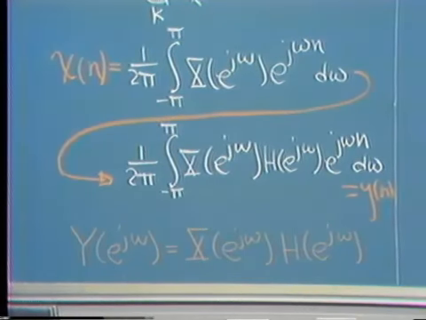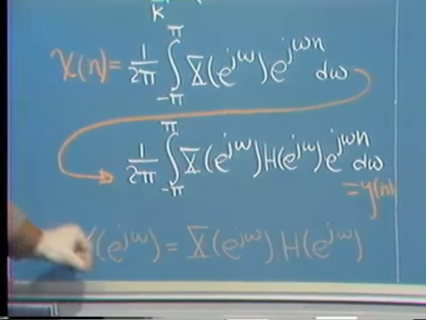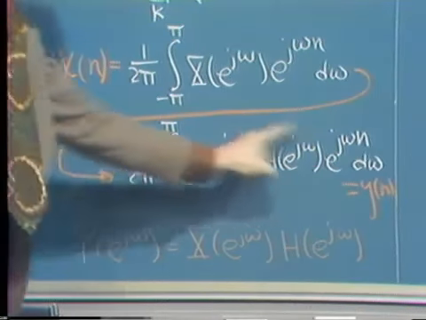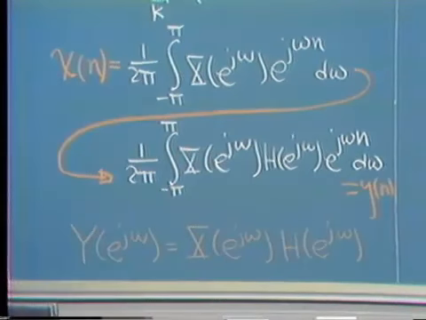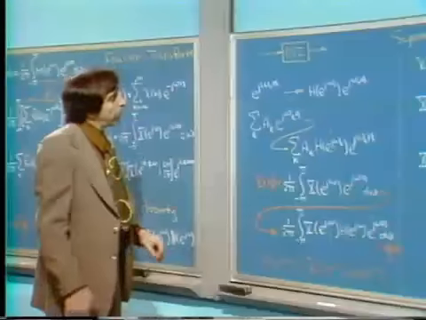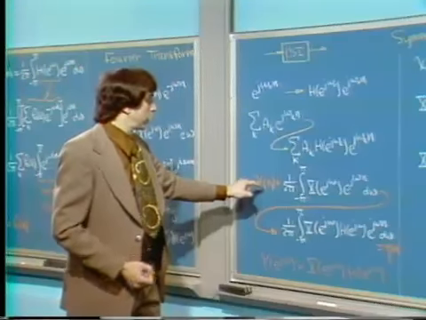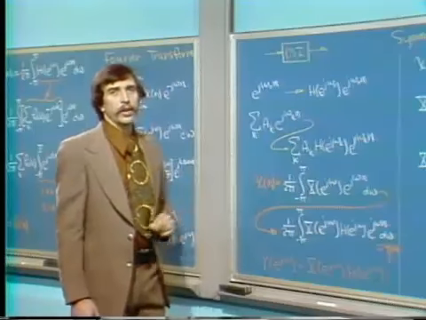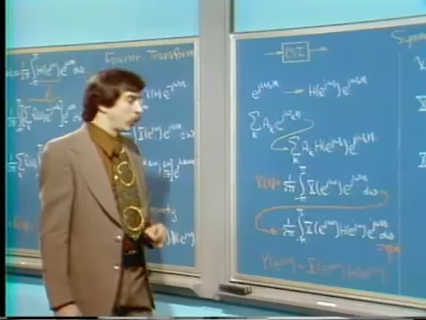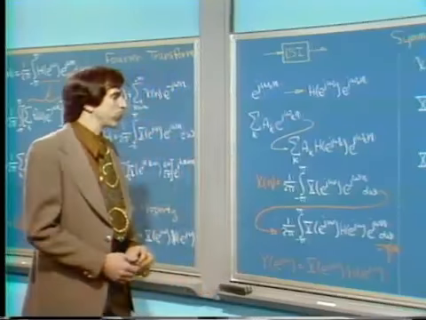So what this says then is that the Fourier transform of the output, y of e to the j omega, has to be x of e to the j omega times h of e to the j omega. And we know also that y of n is going to be equal to x of n convolved with h of n. So basically, this justifies the convolution property.